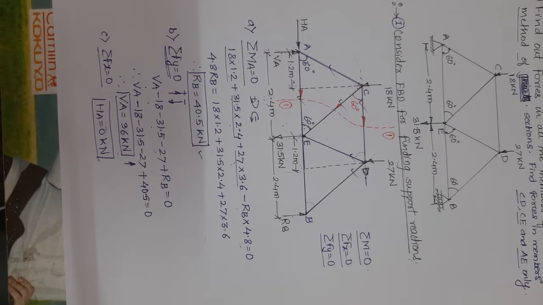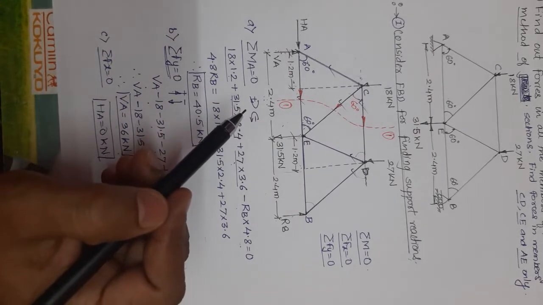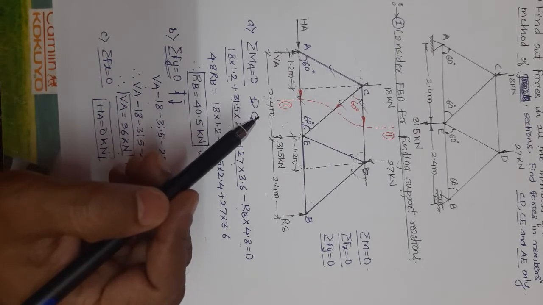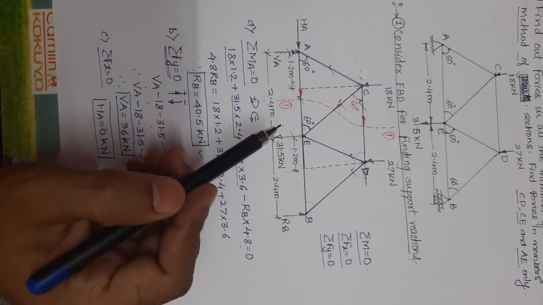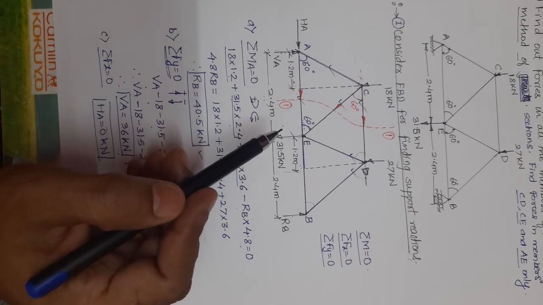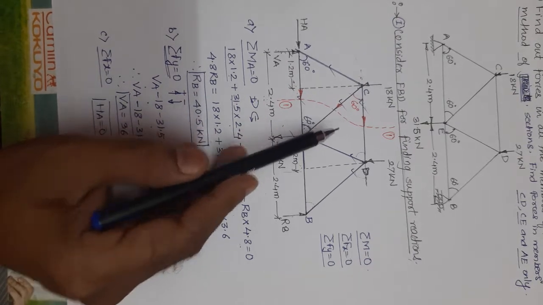Applying equations of equilibrium, at which point shall we take the moment so that we get either of these 3 forces? Which point is convenient to take the moment? You have done such type of problem, so you can judge now.